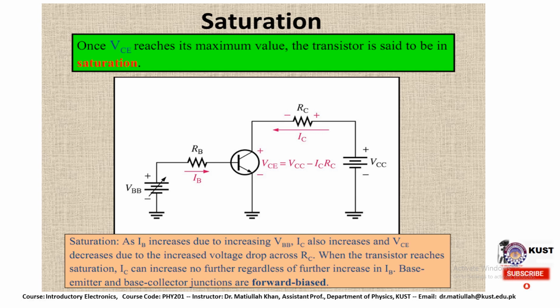When the transistor reaches saturation, IC can increase no further regardless of further increase in IB.